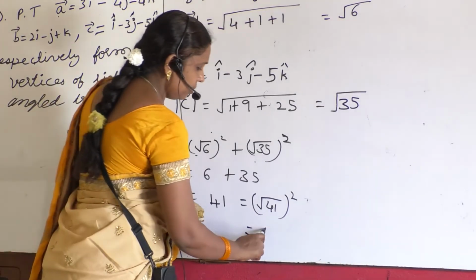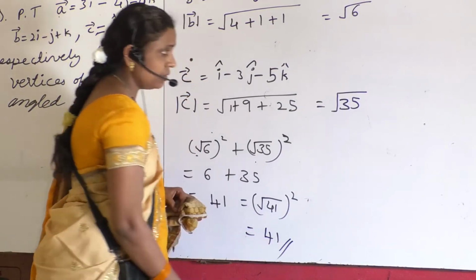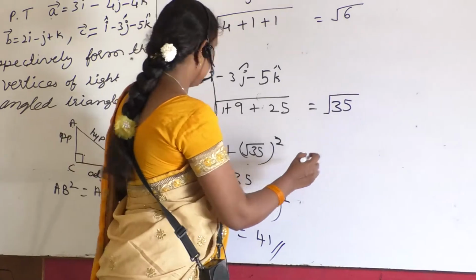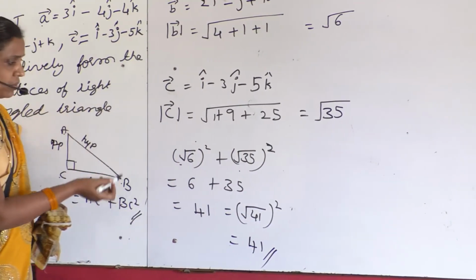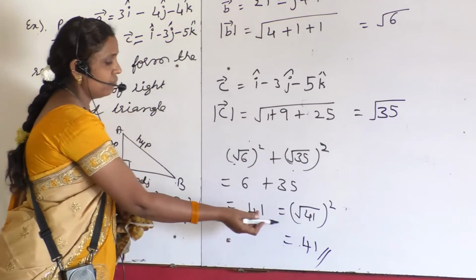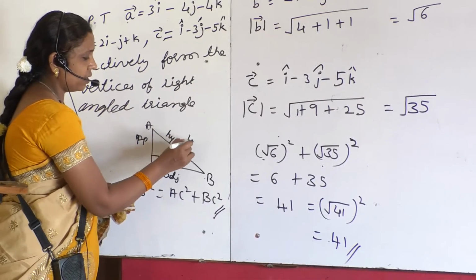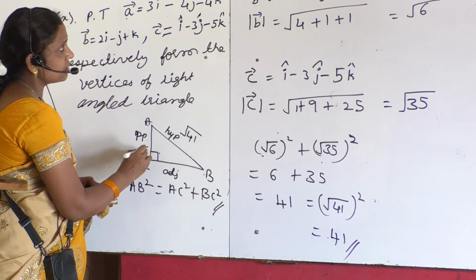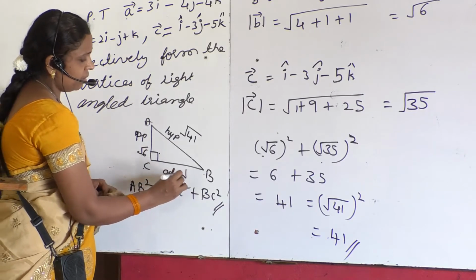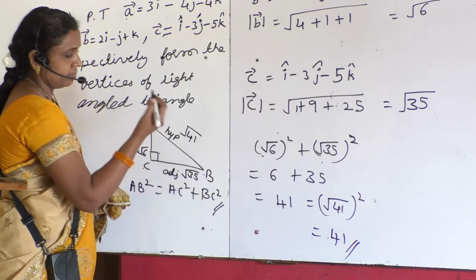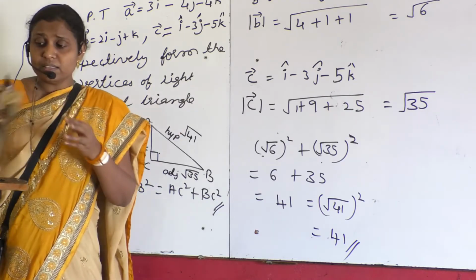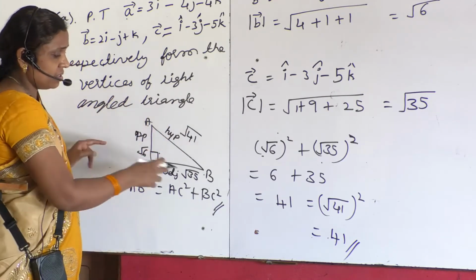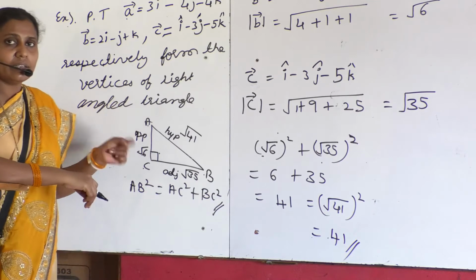The hypotenuse is root 41, and the other sides are root 6 and root 35. After getting this data, we can mention which side is of what length in the right angle triangle.